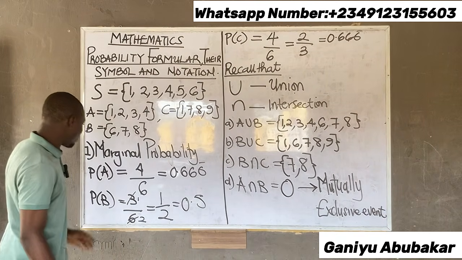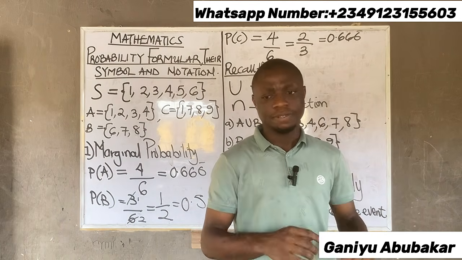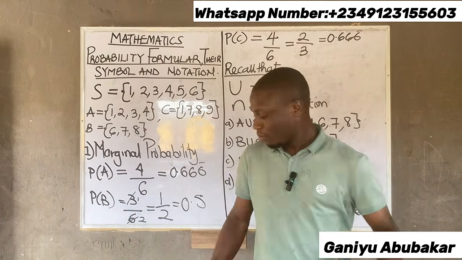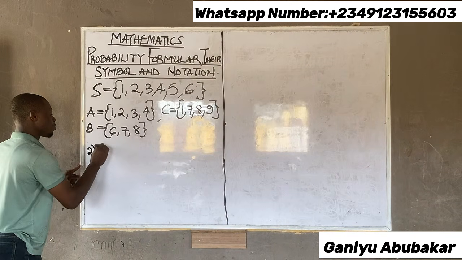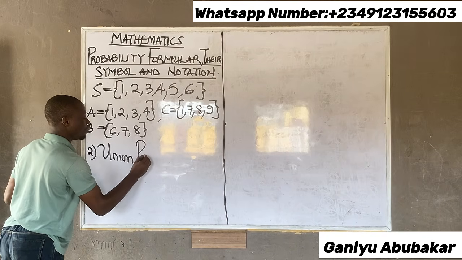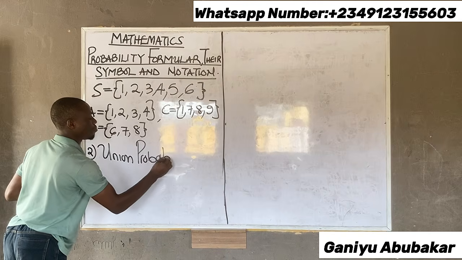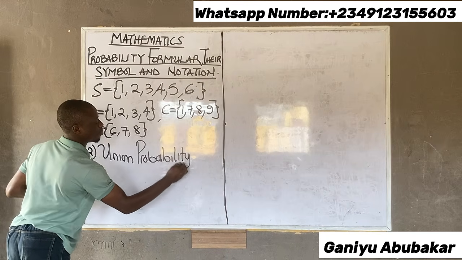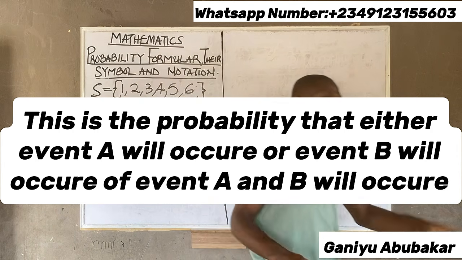Now let's move to number 2, please. Number 2 is called union probability. Understand? Union probability. Definition, please.